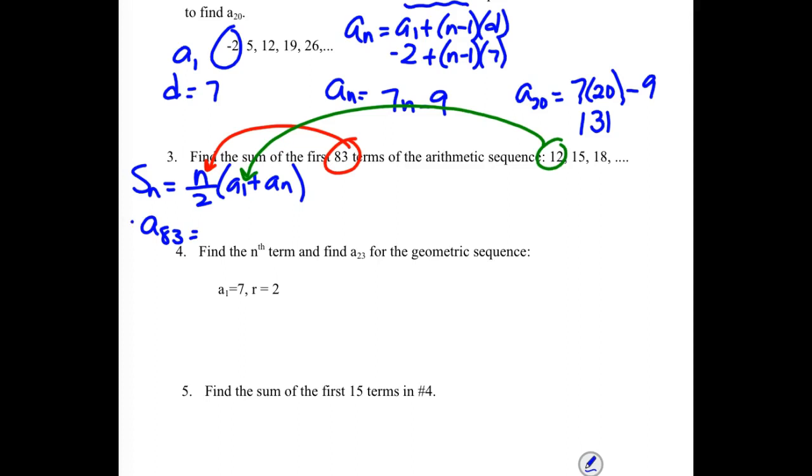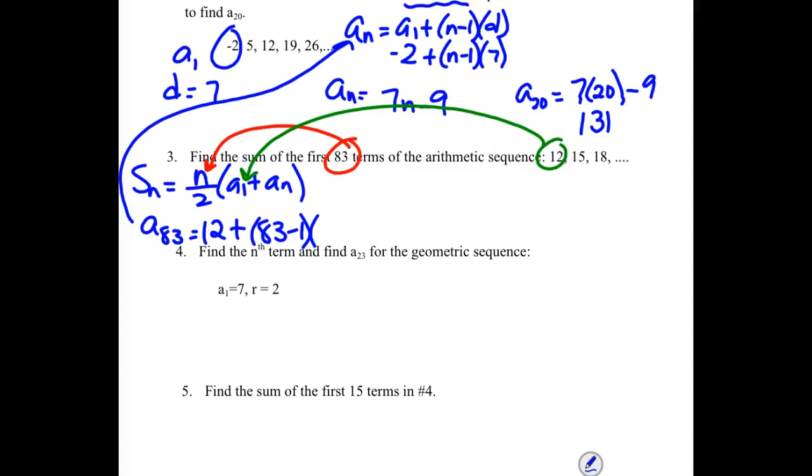Okay, we are going to basically use that same formula we had in our previous question. Our first term is 12. What's different now is I know what n is. Okay, I know n is supposed to be 83. So I can plug an 83 in there, 83 minus 1. And in this example, what's my common difference?